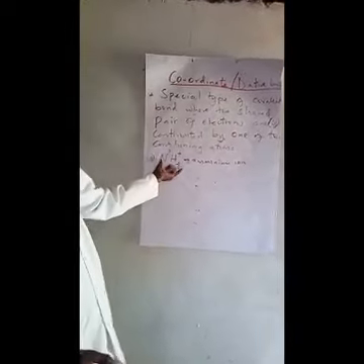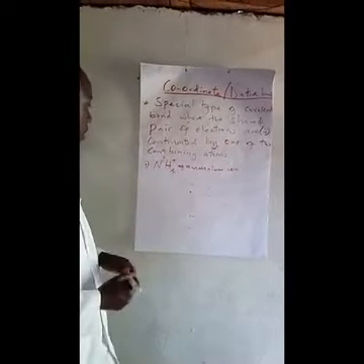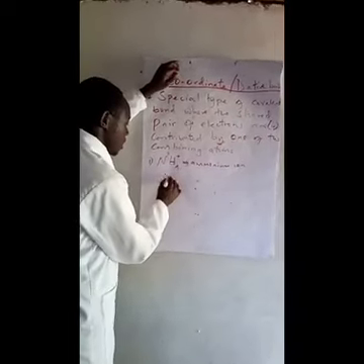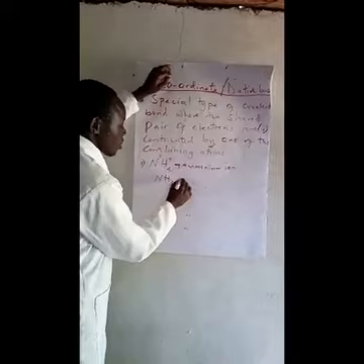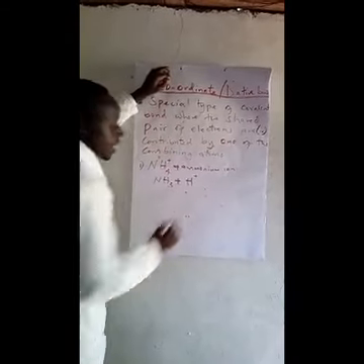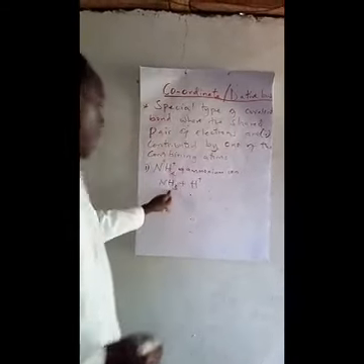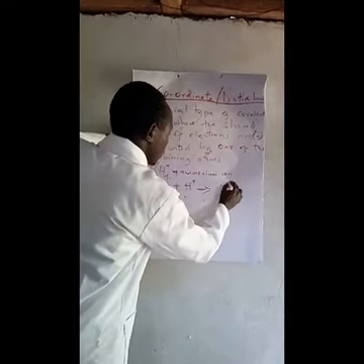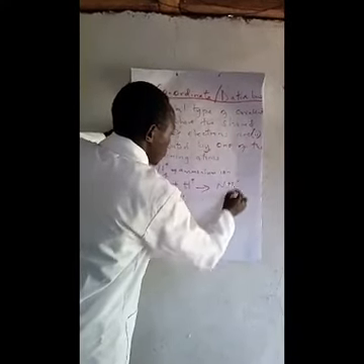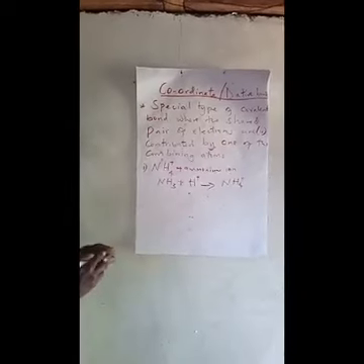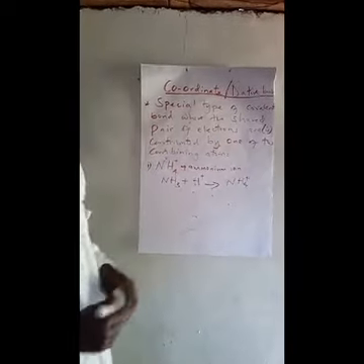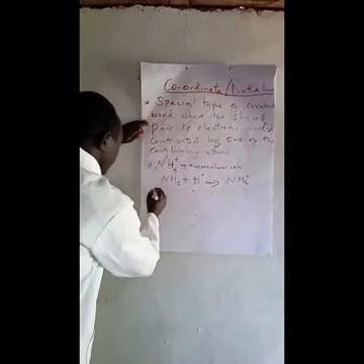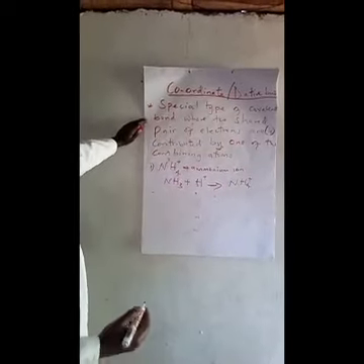So NH4 basically is where ammonia combines with hydrogen ion to form NH4 plus.